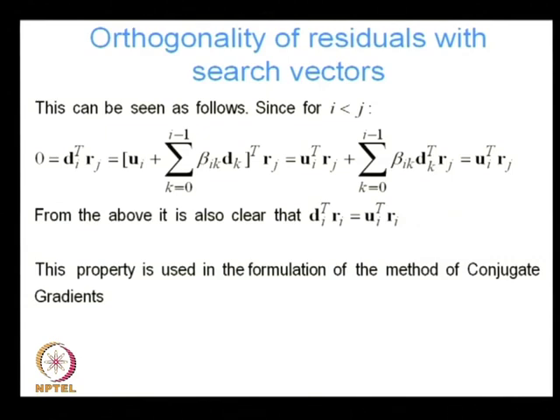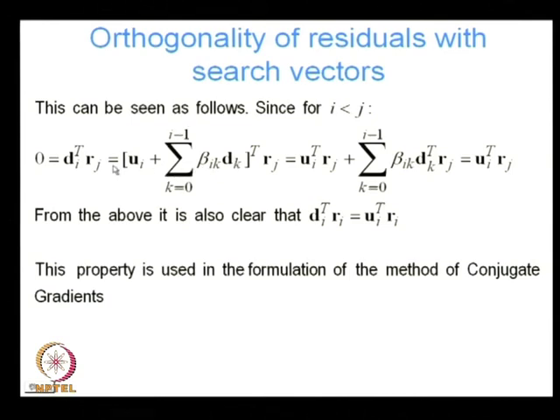Well, we can show that. So 0 is equal to d_i transpose r_j, which we have already shown, right, that the residual r_j must be orthogonal to all the previous d_i's, for i less than j. So then we write d_i in terms of this expression. How did we get that expression? Well, this is how I calculated my d_i from Gram-Schmidt orthogonalization, right.